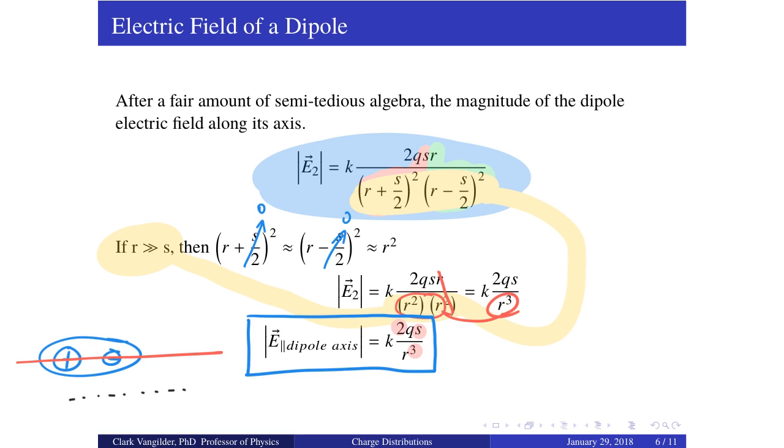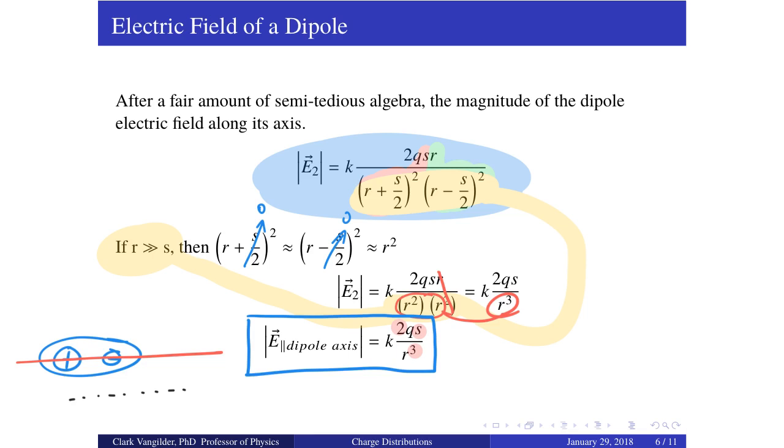So a dipole axis has an inverse cubed pattern, whereas a regular electric field between two point charges is an inverse square pattern. How much will that matter to you in real life? Probably not much, but on your homework, using the right formula will matter.